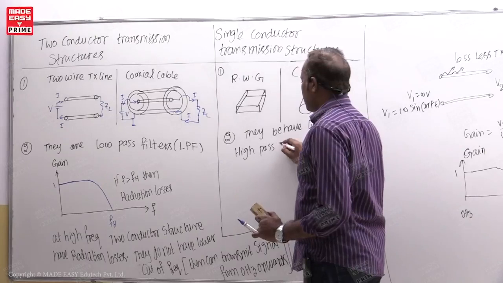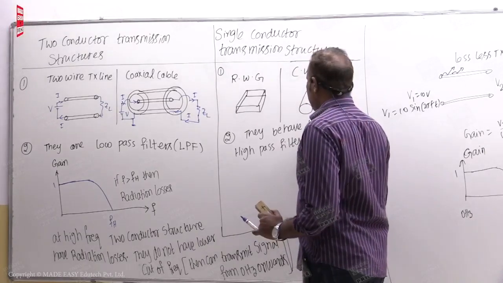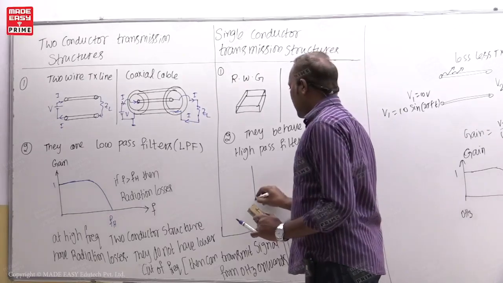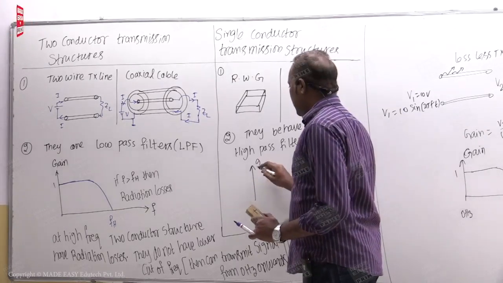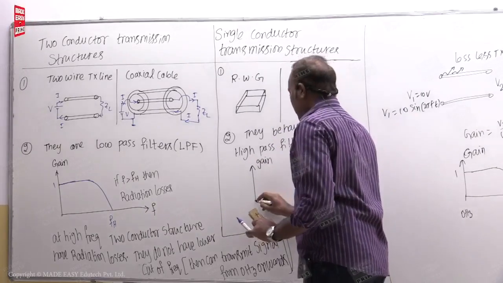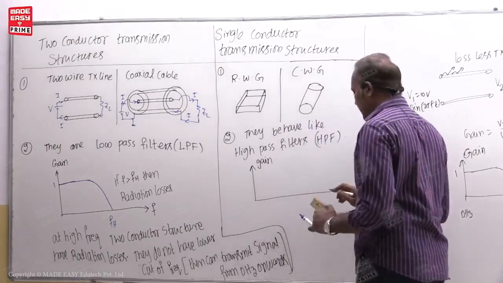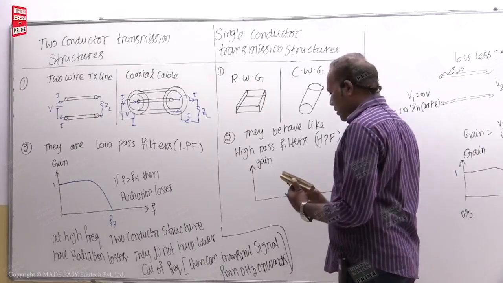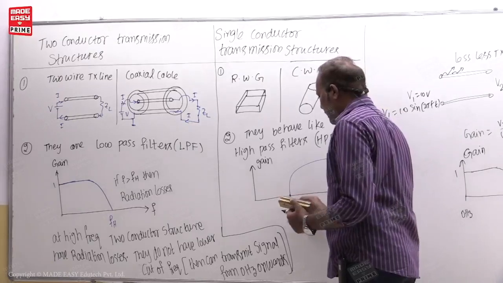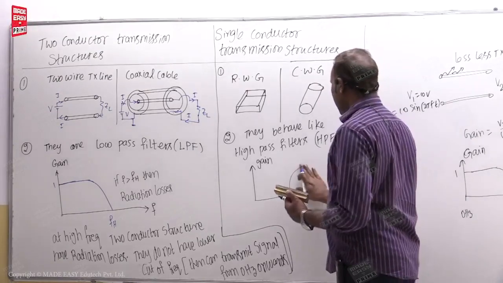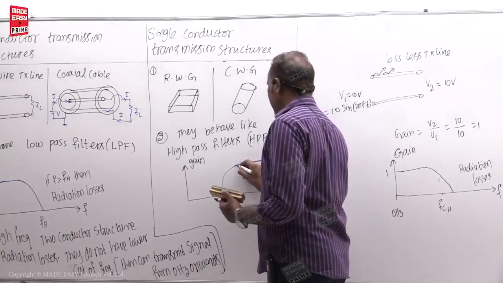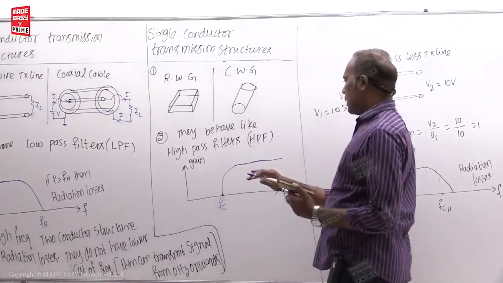Here if I draw gain versus frequency, and we are going to derive this, don't worry about this. Here it will have a cutoff frequency FC. Then onwards it will have constant gain. That is, gain is 1 here.